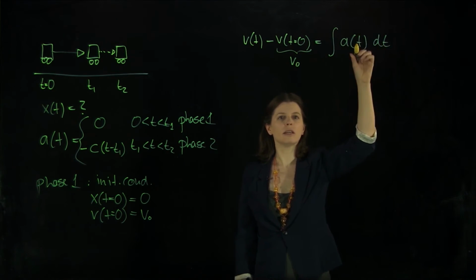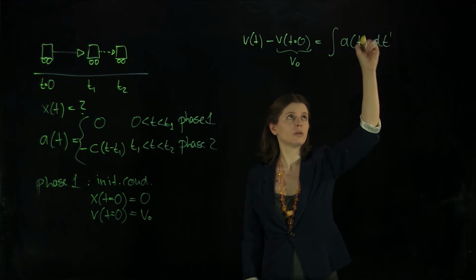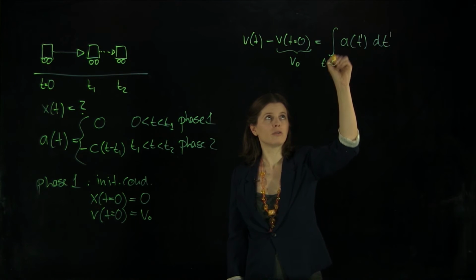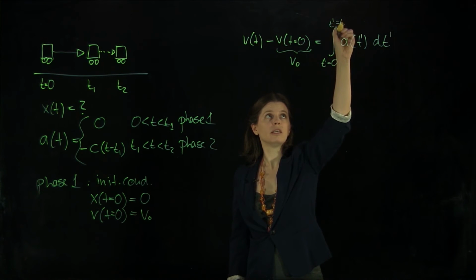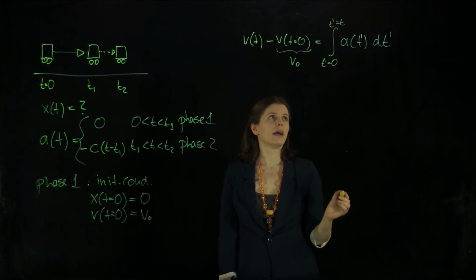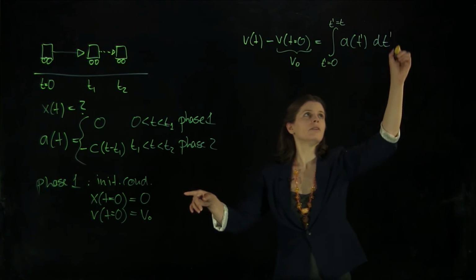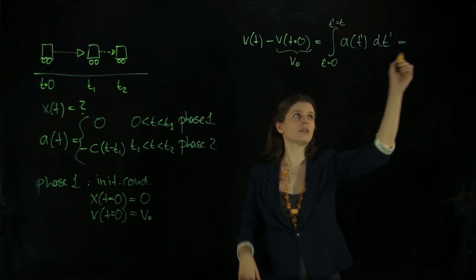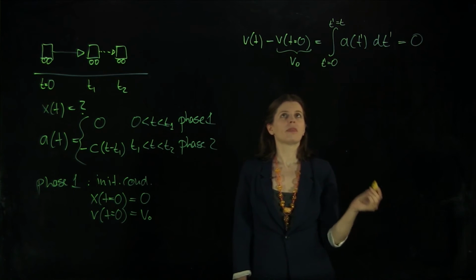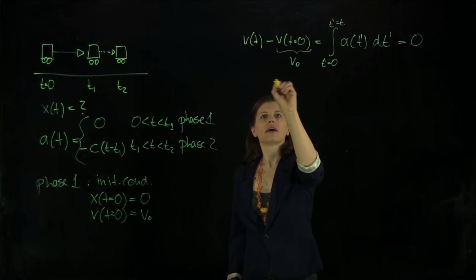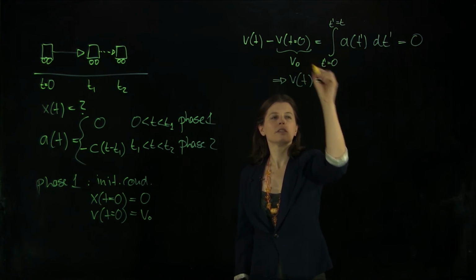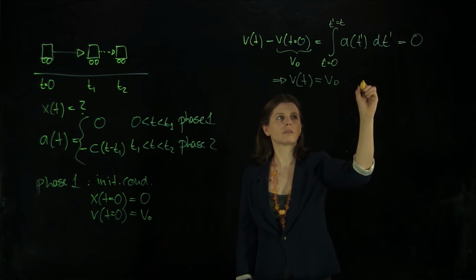And of course now t is an integration variable, so we have to give this a prime. And we're integrating from t prime equals 0 to t prime equals t. And when we plug this in, well, a is 0 in phase 1, which means actually our integral is going to be 0. That's handy. And from that, we will find that v of t equals simply v0.